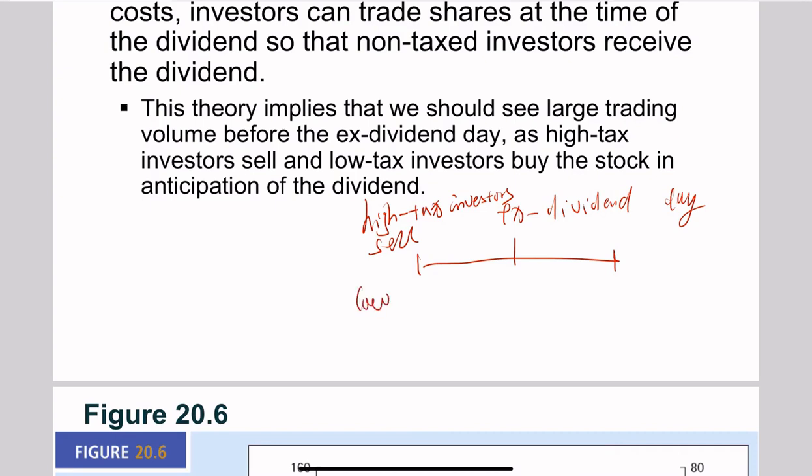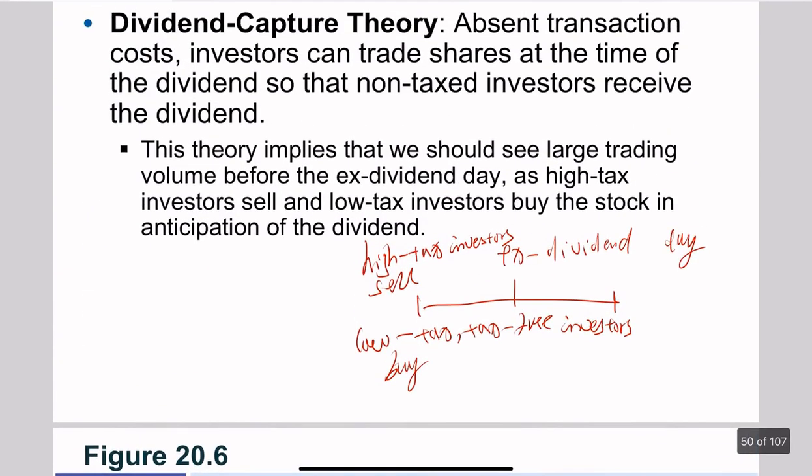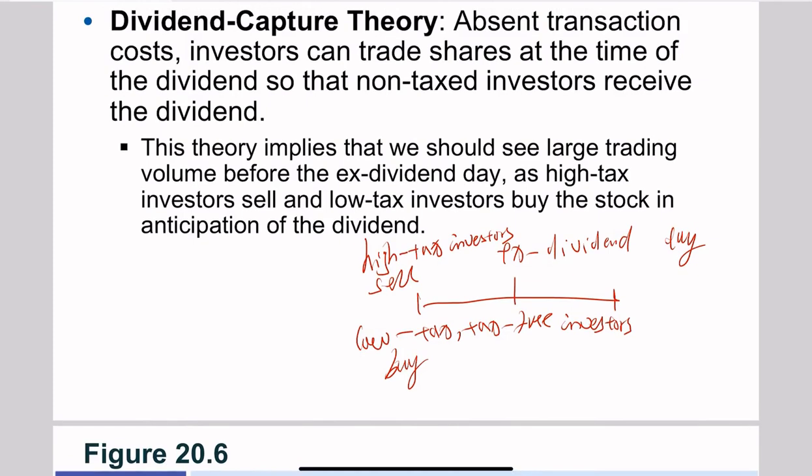However, low tax or tax-free investors, they will buy because they want to get this dividend. They want to get this positive cash flow, right? So basically, this implies that we should see large trading volume before this ex-dividend day, right? So that's the prediction here.